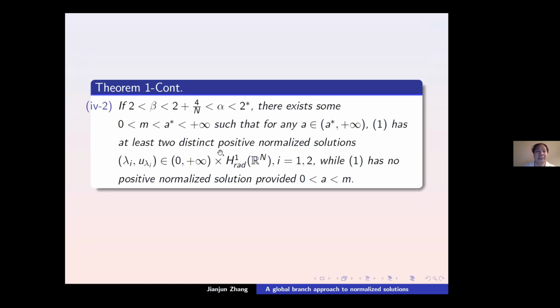This case is similar: if the problem is mass subcritical near infinity and mass supercritical near the origin, we can find similar results.